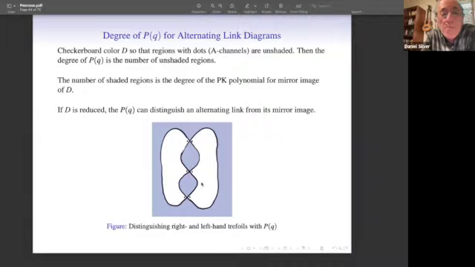The number of shaded regions is the degree of the PK polynomial for the mirror image. So if D is reduced, then P can distinguish an alternating link from its mirror image if they're different. This is a familiar thing in topology for the Jones polynomial and so on.